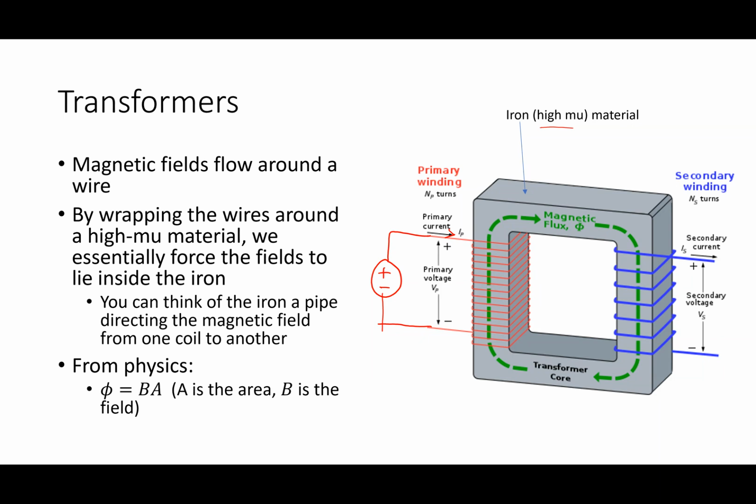Okay. So Tyler asks: if iron's so heavy and all that, why don't we use a different high mu material? The question was, why do we use iron if it's so heavy and expensive? It's iron-based materials. Ferrites or ferromagnetic materials, they're called, are really the only type of material that has that high mu capability.